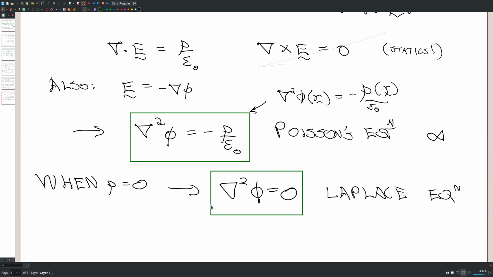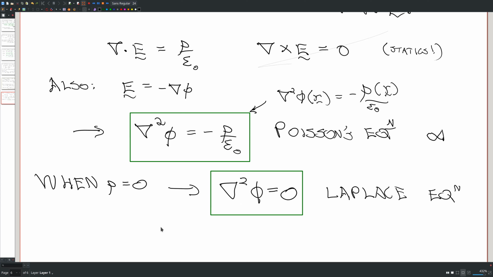Interestingly, you see that indeed the only places where I have to deal with Poisson's equation is if at that place I have charge. That's an interesting thing, but it's not necessarily everything you want to know. What do you typically want to know?